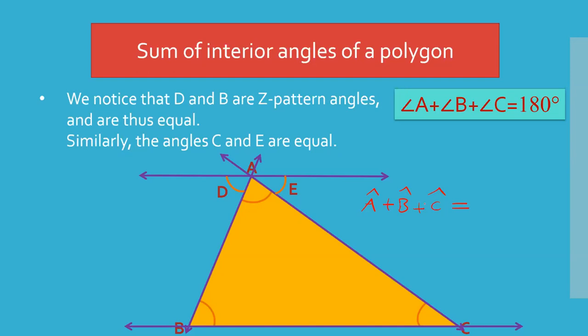You see, since the angle B is exactly equal to D, and the angle C is exactly equal to E, I can just rearrange them. I can just use the other angles. So I can write A plus D plus E. But as Naomi is pointing out, this is exactly a straight line. So this is 180 degrees. Very good. Nice.